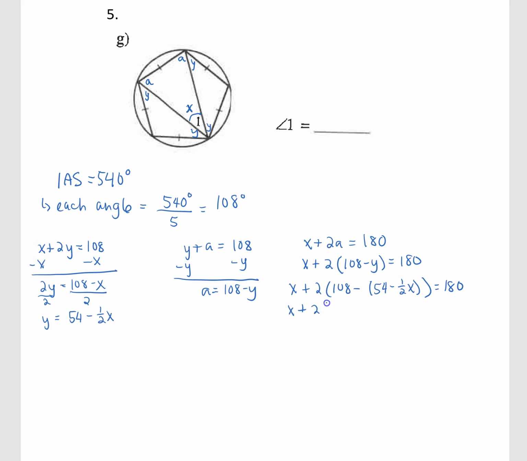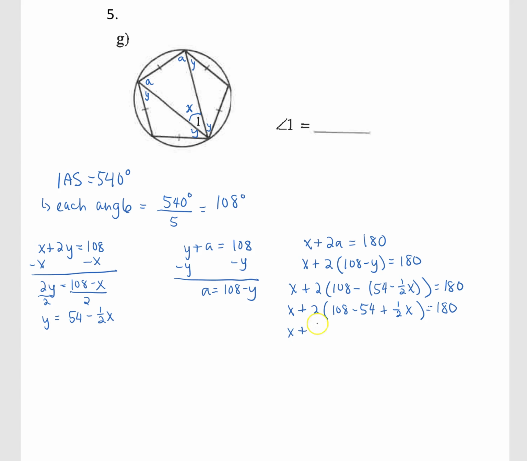The first thing I'm going to do is evaluate this inner bracket. I'm going to get rid of this bracket and multiply the negative in, so it's going to be negative 54. Multiplying the negative into the negative 1/2 x is going to be plus 1/2 x.